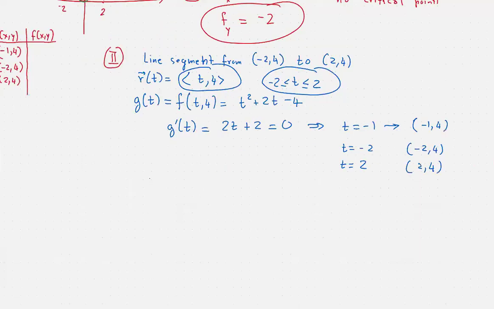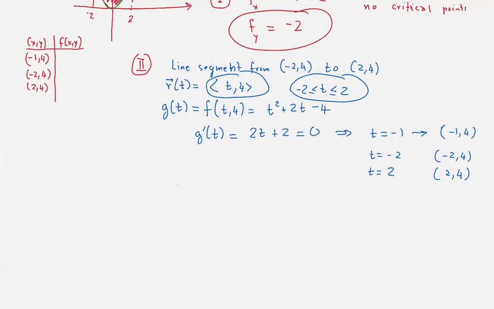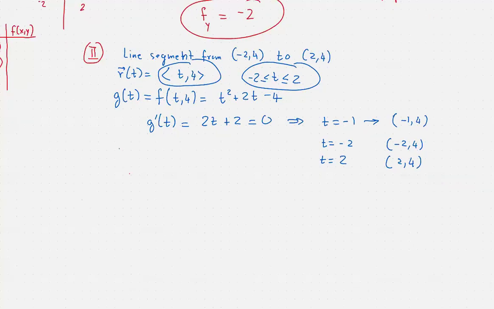So let's change to green color now and let's look at the parabola part, from -2, 4 to 2, 4.